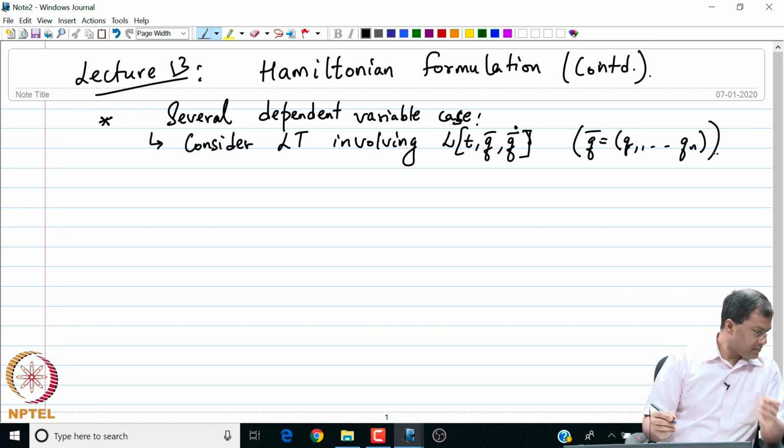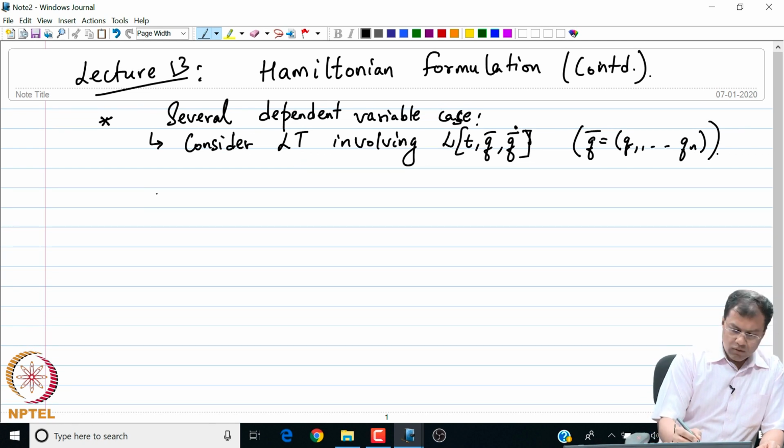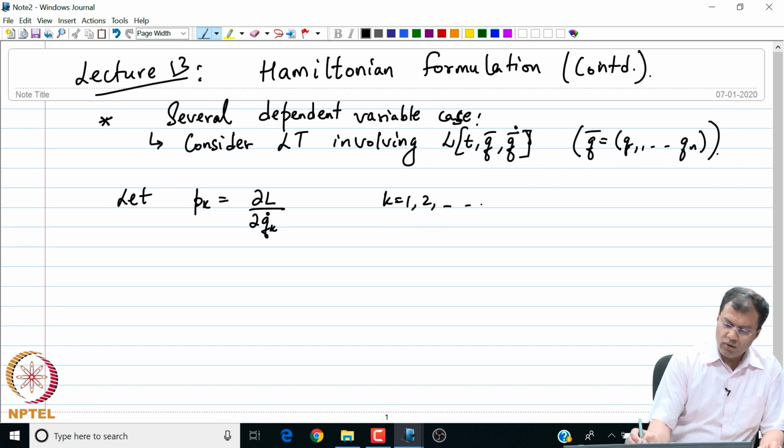If our starting function is of this form, the first step for defining the Legendre transformation is to introduce new sets of variables. So, let me introduce the new variable p. Let the variable pk be defined as partial L partial qk dot, where k is from 1 to n.